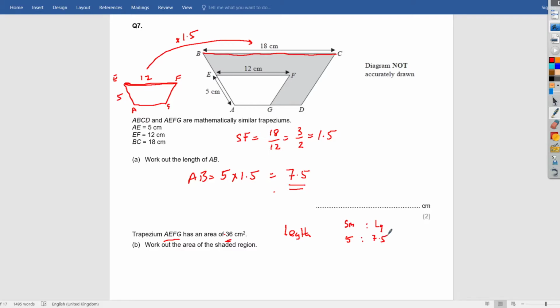So what we're doing is comparing the length of A to E and B to A. We could also have done 12 to 18. The key thing is the scale factor is 1.5. 7.5 divided by 5 will give me 1.5. That's the scale factor.